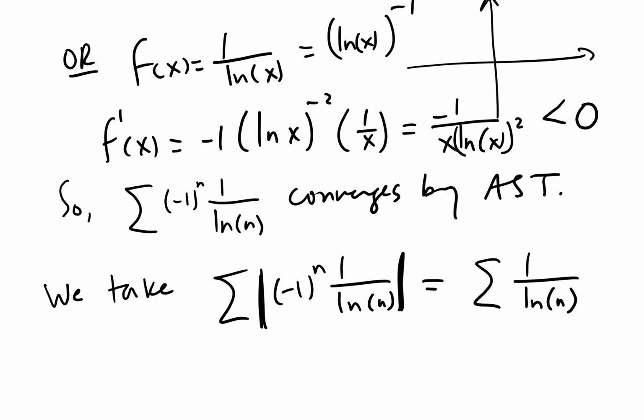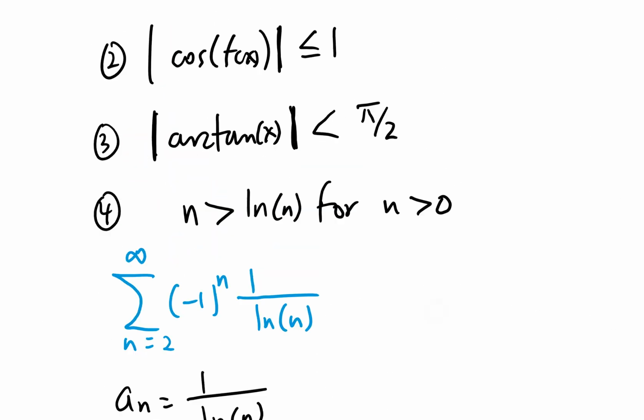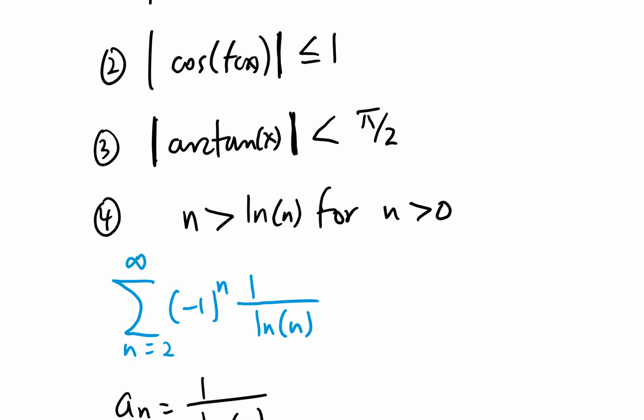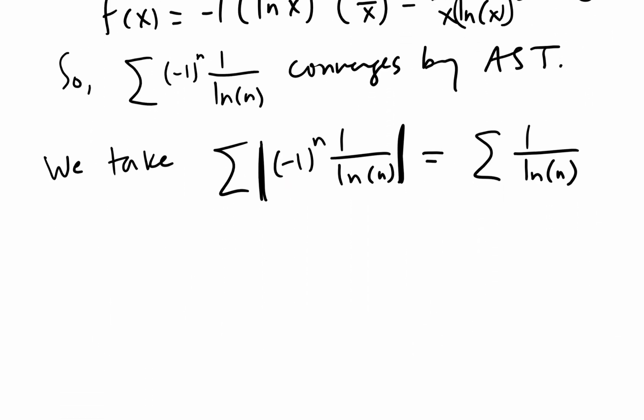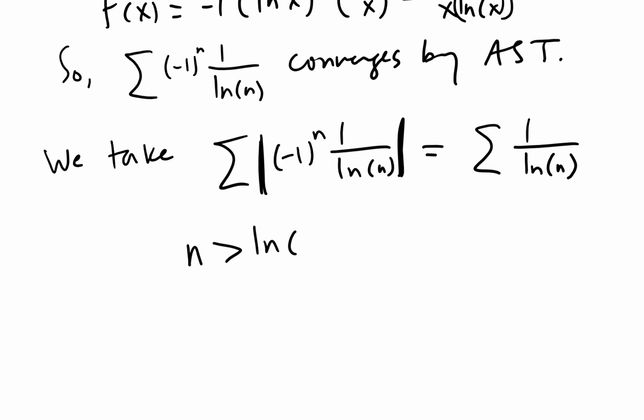But we can go back to property 4 that I wrote down there, that n is bigger than natural log of n. So I can start with that, n bigger than natural log of n, and then I'm going to flip both sides. When you flip both sides, you change the inequality sign, because the terms are positive.